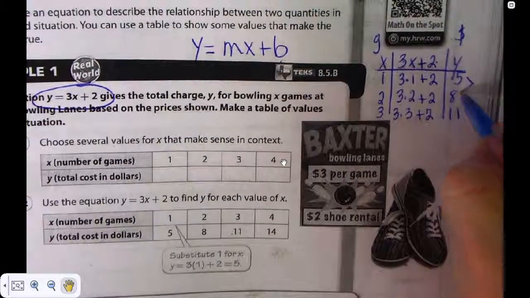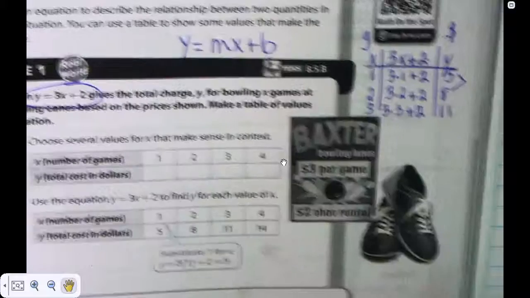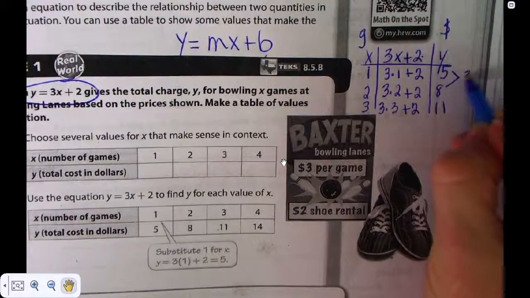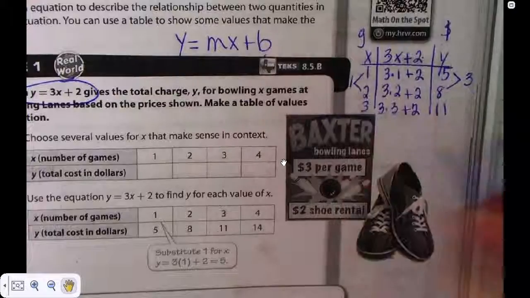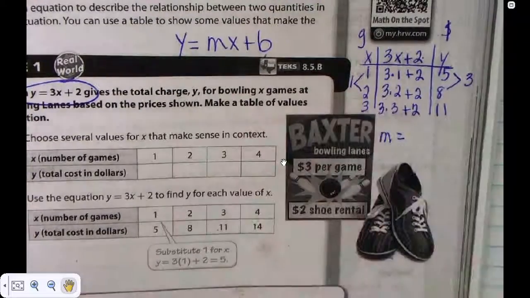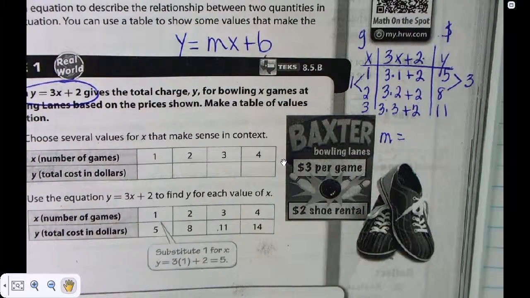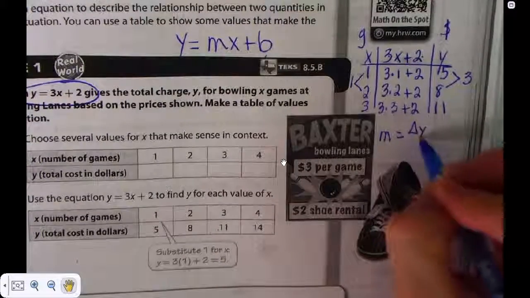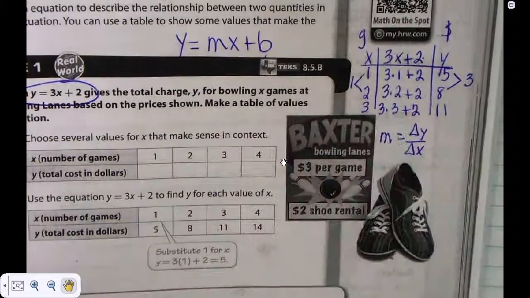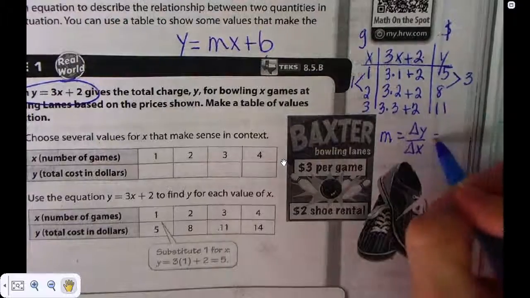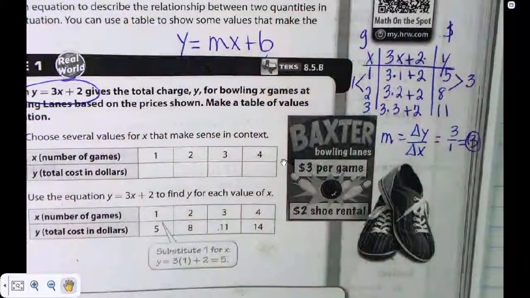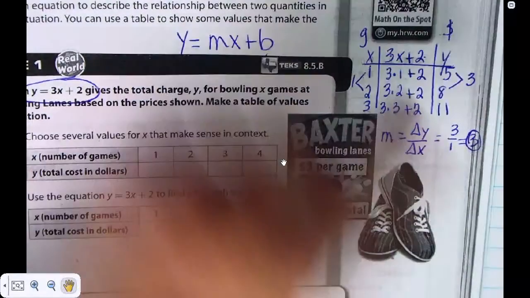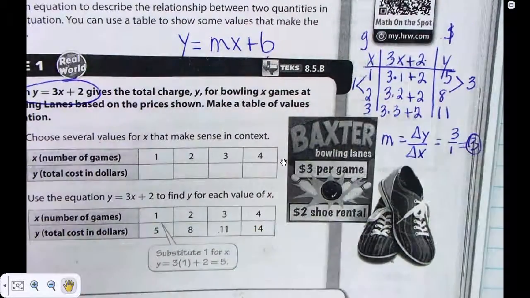Everybody do this right here. How far is it from 5 to 8? 3. And from 1 to 2? 1. So to get the slope, which is the rate of change, which is change in y over change in x, you get 3 over 1, which is 3. And that's what you multiply by. For every one game, you pay $3.